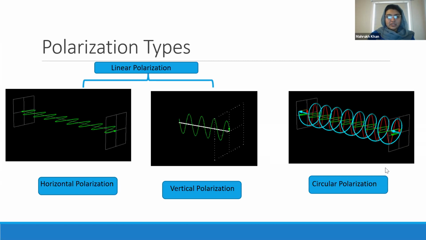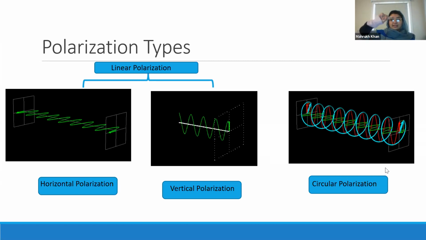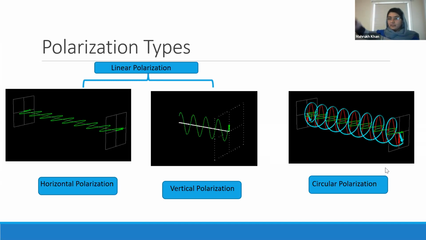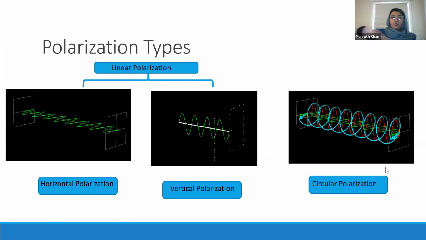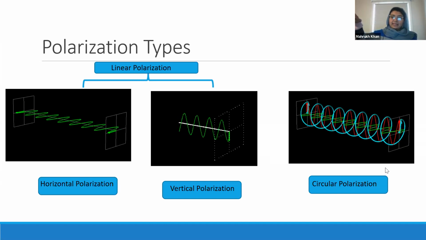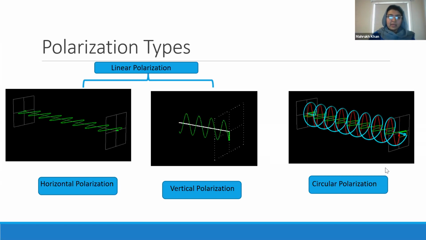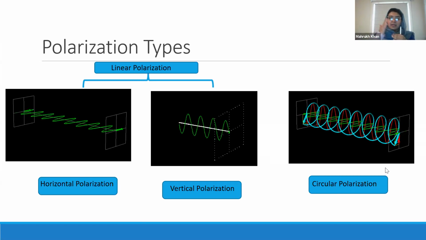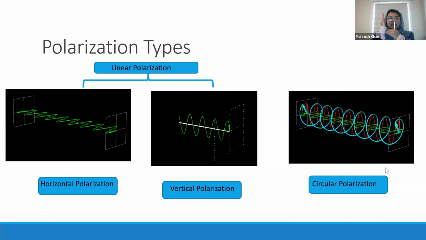But what happens sometimes is that your electric field vector does not remain the same when it transmits. It changes through the whole 360 degrees, and in that case, it gives you circular polarization. This happens when your electric field vector is not totally in one direction, some of it is in the Y direction and some of it is in the X direction.